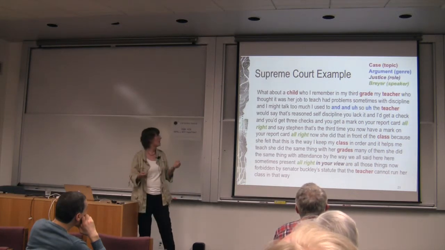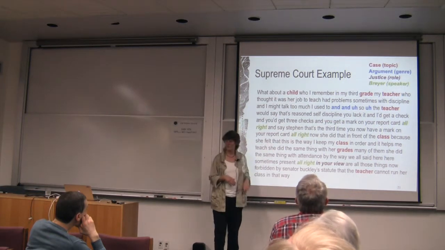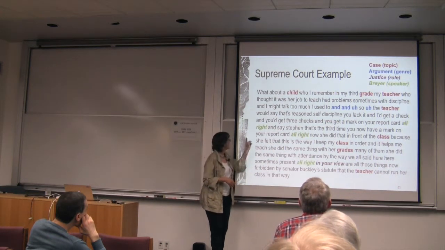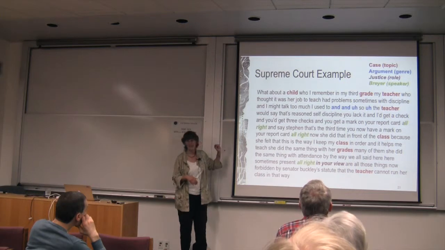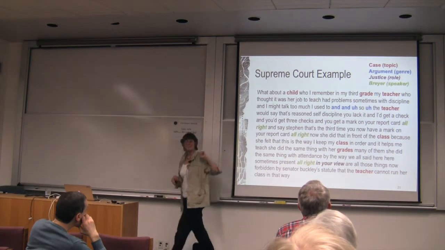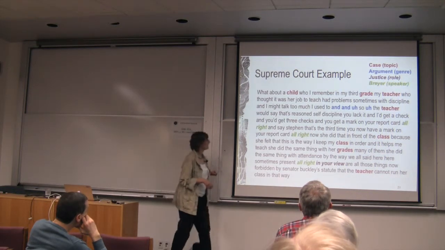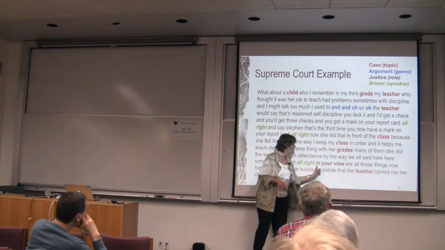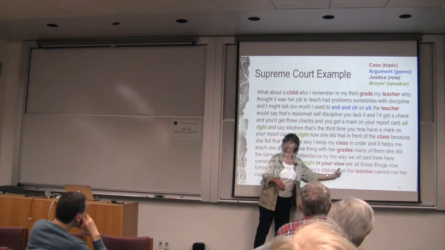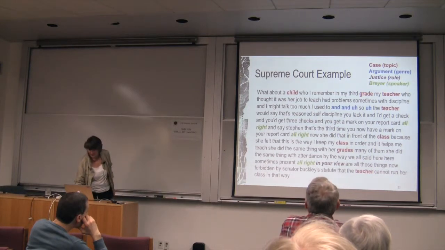These are people who are arguing as they go, so they're disfluent. You learn idiolect. Justice Breyer says all right all the time. And you learn things about the role. So justices say things like in your view. So we can learn a lot about language.